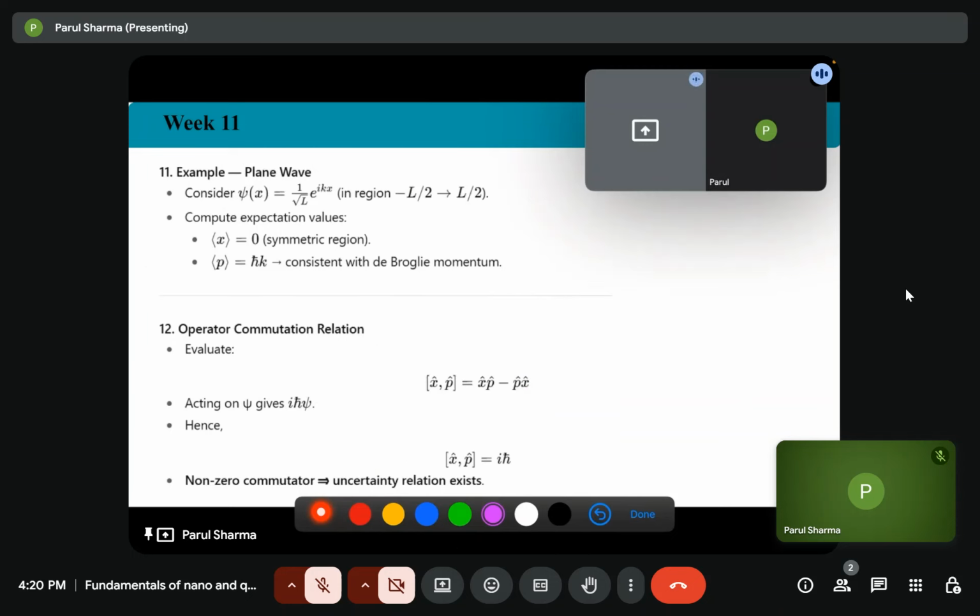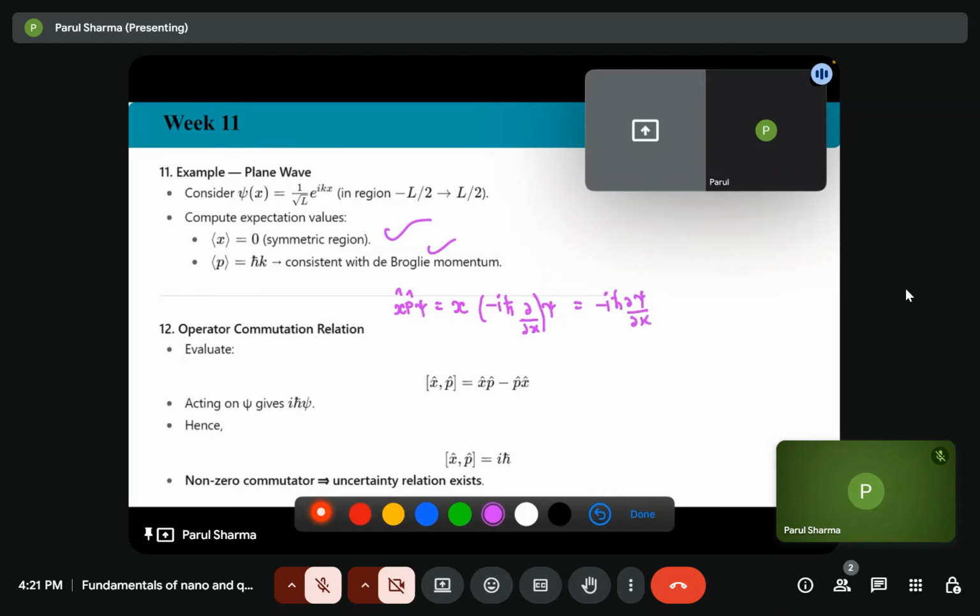So now we want to evaluate the commutation relation, that is xp. So xp, we want to find out xp psi, which is x and p equals to minus iota h cross dou by dou x, acting on psi, which will give us minus iota h cross x dou psi by dou x.